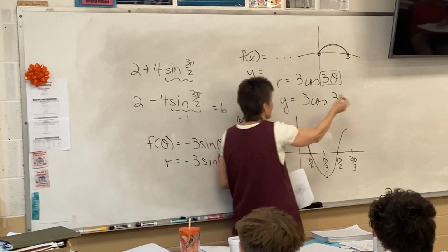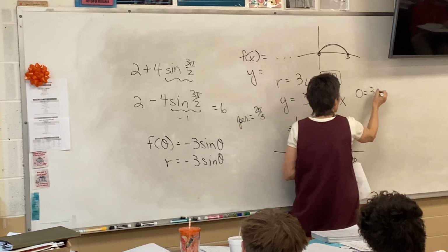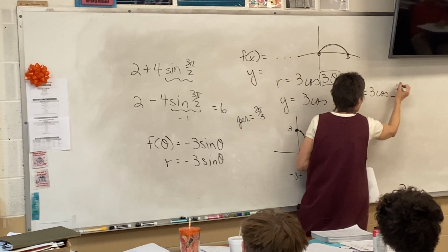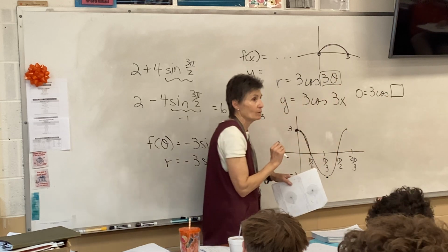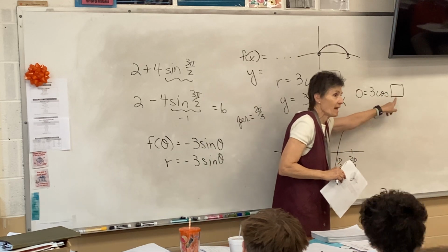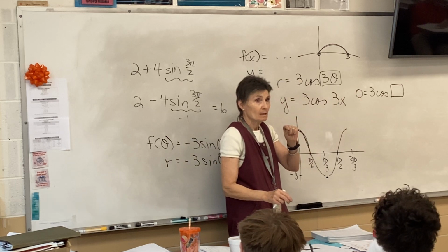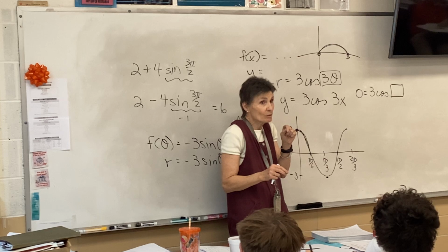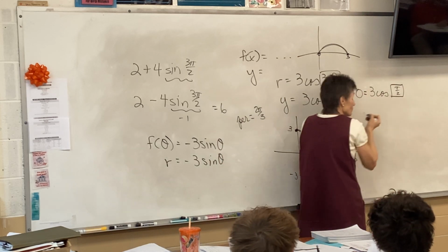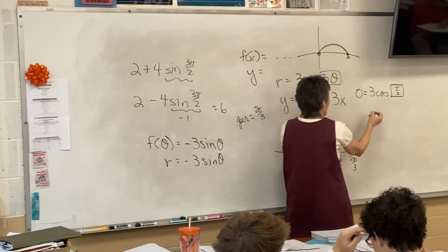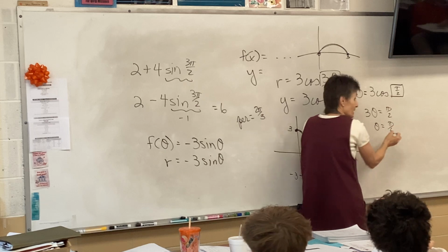Because R is 0 right here. 3 cosine of something has to be 0. What does that something have to be? If the cosine is going to be 0, then doesn't that have to be pi over 2? So this guy's pi over 2, which means 3 theta is pi over 2, so theta is pi over 6.